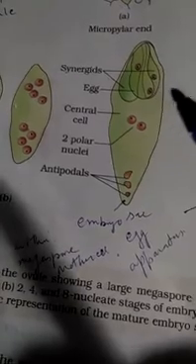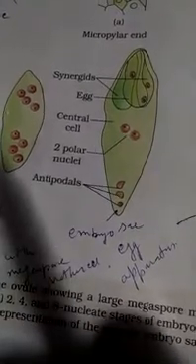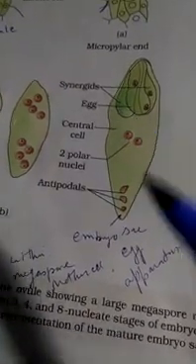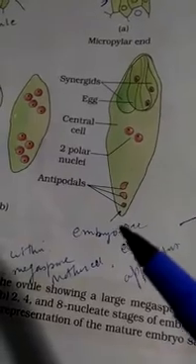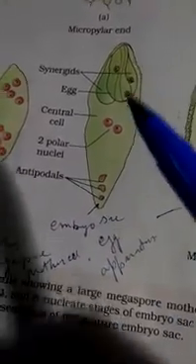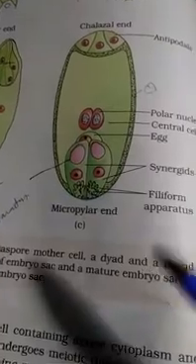Near the micropylar region there is an egg apparatus which contains an egg and 2 synergids, whereas at the opposite chalazal end there are 3 cells known as antipodal cells. So all 8 are arranged in this manner in the embryo sac.